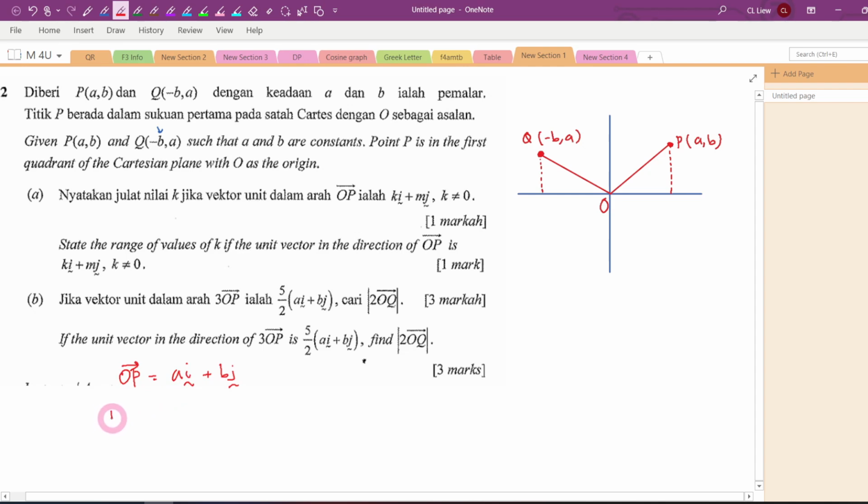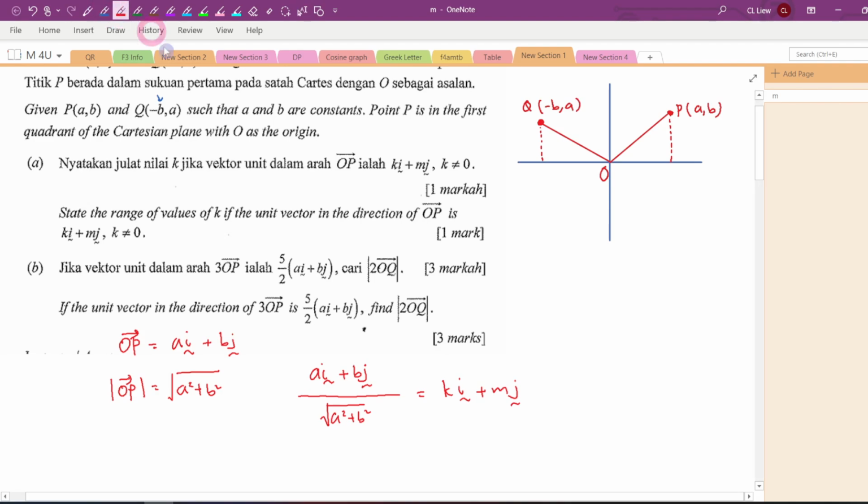The magnitude of OP is the square root of a squared plus b squared. So the unit vector will be ai plus bj over the square root of a squared plus b squared. And given by the question, the unit vector is equal to ki plus mj.